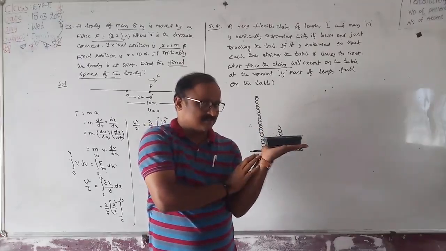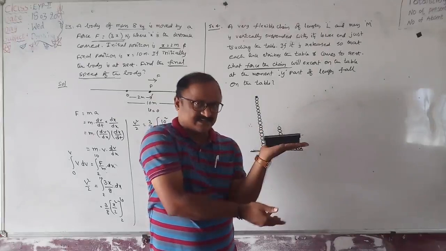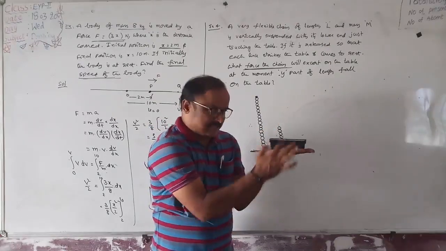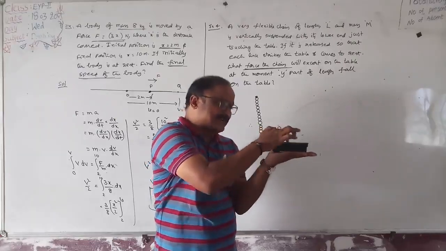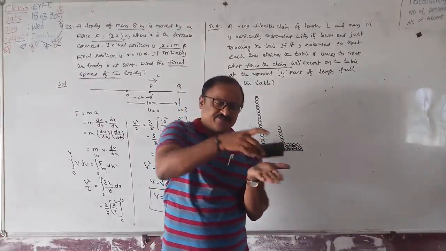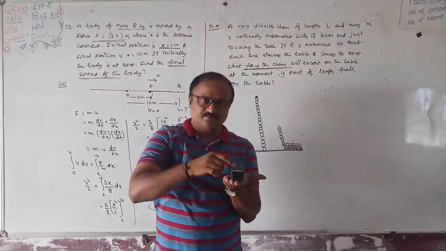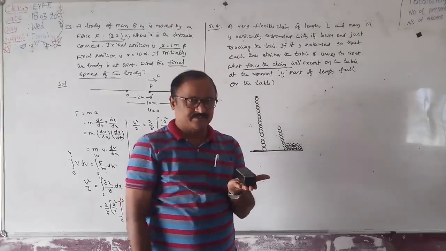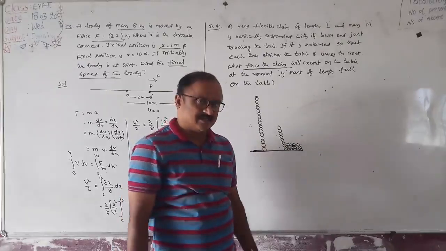What is it? It is nothing but the weight of the duster, you know. Weight of the duster is acting downwards. The force acting on the table by the duster means its weight only. If it is at rest on the table, the force acting on the table by the duster is only its weight. But here it is not possible.